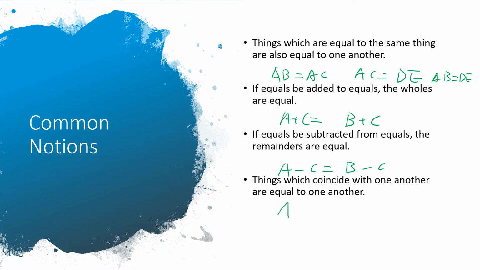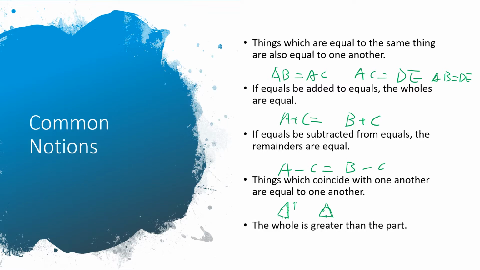Think about it, you have a triangle. If you can cut this triangle out and move it to another place, and it can fully and exactly overlap another one, they coincide. And once they coincide, they are exactly equal to each other. Each edge is the same, each angle is the same.